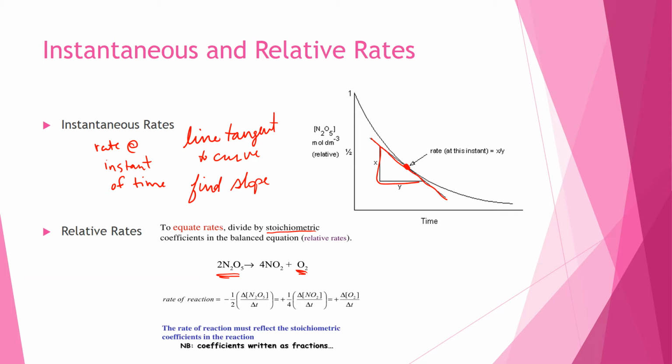So if I have the rate of O2, it has a coefficient of 1, and I set it equal to the rate of N2O5, which has a coefficient of 2. So now if I have this rate and I'm trying to find this rate, I just use my proportion and cross multiply. So anytime you have the rate of something in a reaction and you want to find the rate of something else in a reaction, you set up this proportion. That is relative rates.